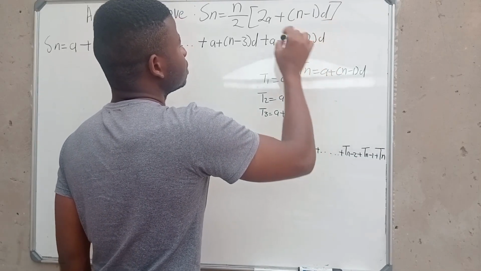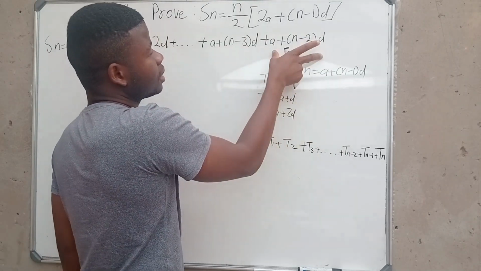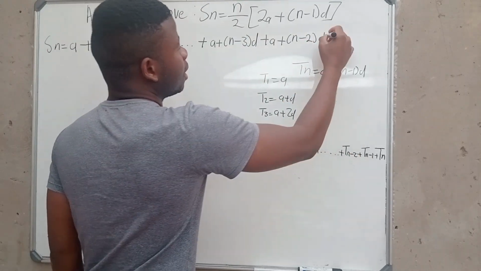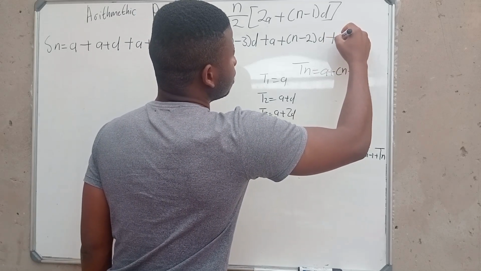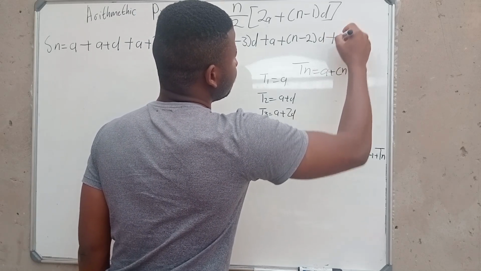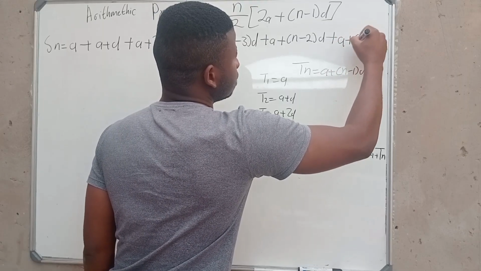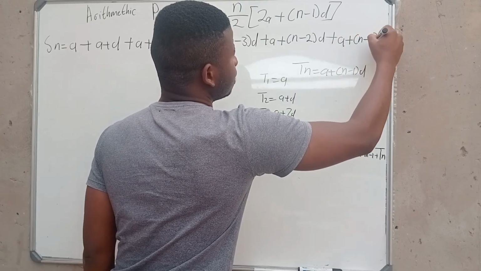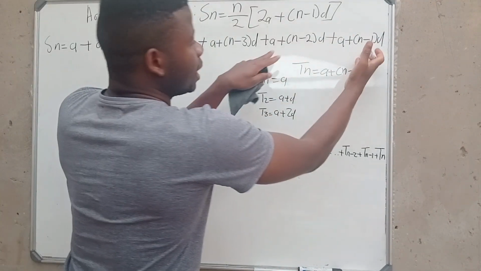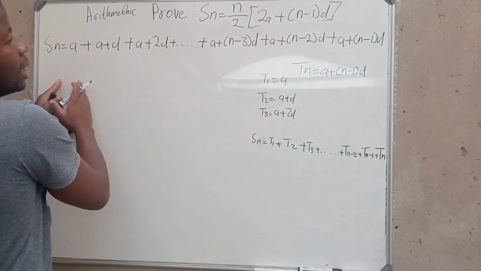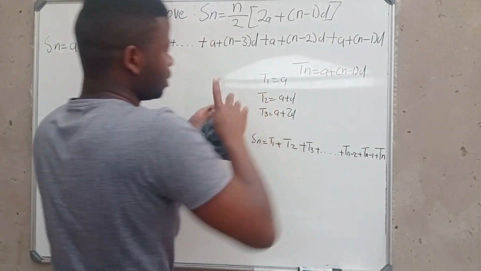You get it? So this is for this one, and this one is for this one, and therefore you end up with A plus n minus 1d. Therefore, what you see here, you're going to bring it here, and what you see here, you're going to bring to this side.